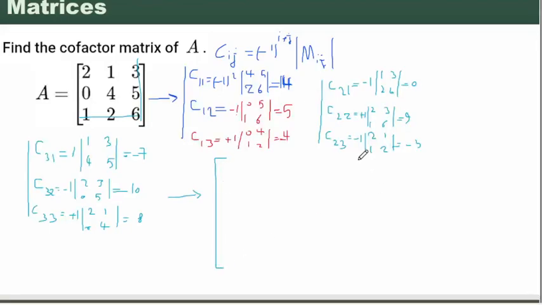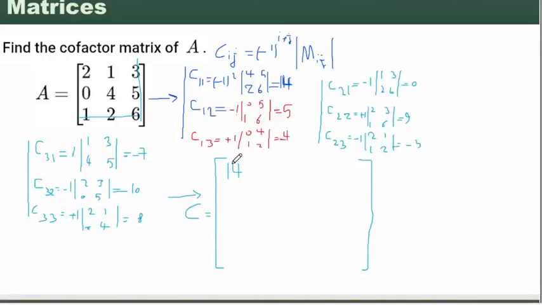Now I substitute all the elements to the corresponding places. That means element C11, I have to substitute in the place row 1, column 1, so it would be 14.